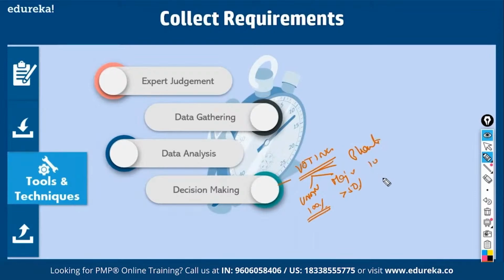Let's say you have a group of 10, divided like 4, 3, and 3. So 4 is not a majority, but it's the largest winning block. These are the forms of decision making. But at times the stakeholders may nominate somebody else to take a decision, which is called autocratic or delegated decision making. These are all the ways in which a decision could be taken.